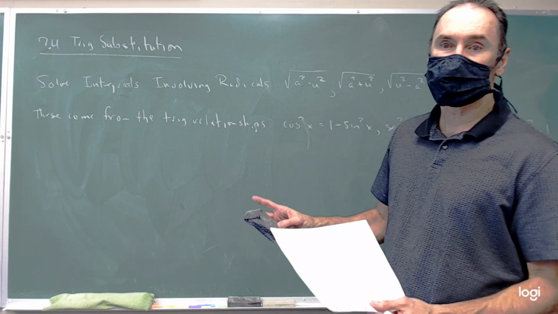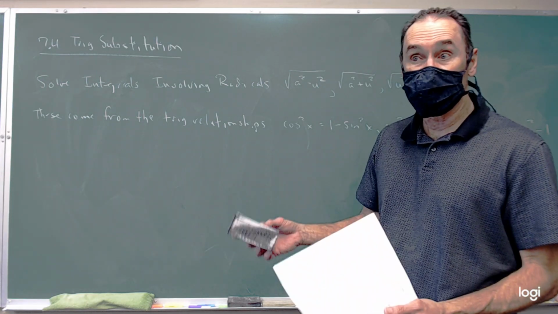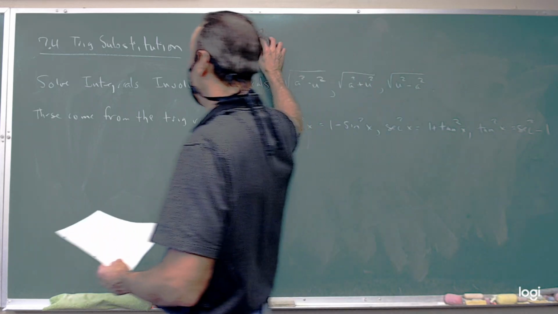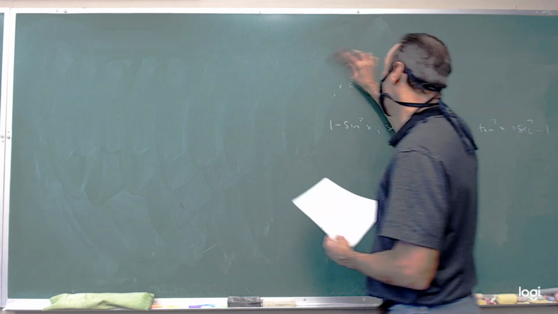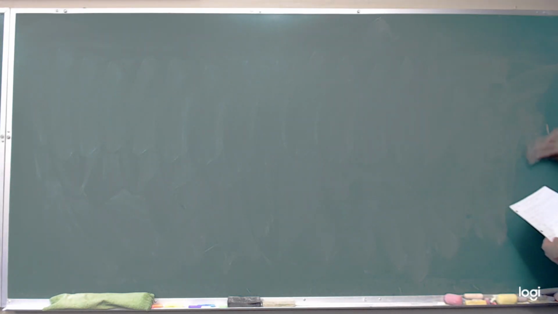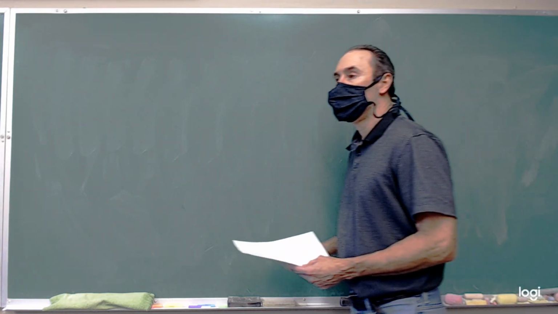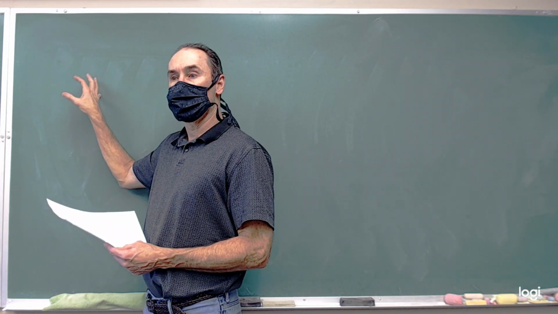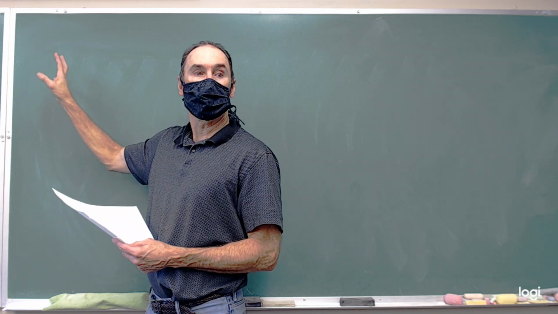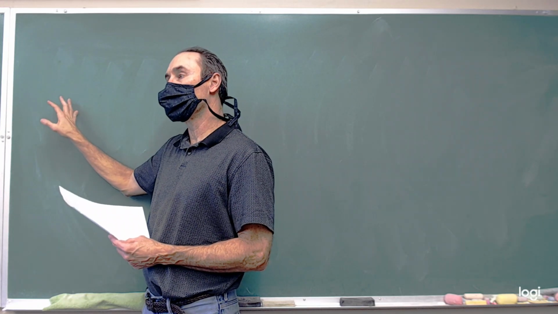Some of the stuff that I'm going to talk about here, you don't have to recreate. It's just, can you actually do the substitution? So at the end of the day, we're going to take an integral we can't do. We're going to draw a right triangle. We'll label the sides so that one will be U, one will be A, and one will be whatever radical it is we're looking for.